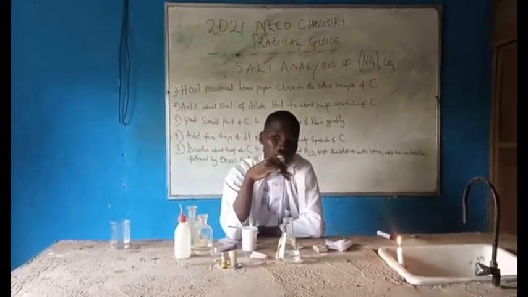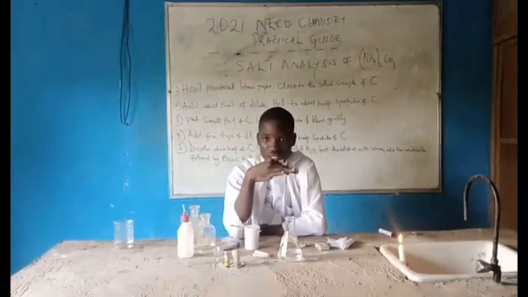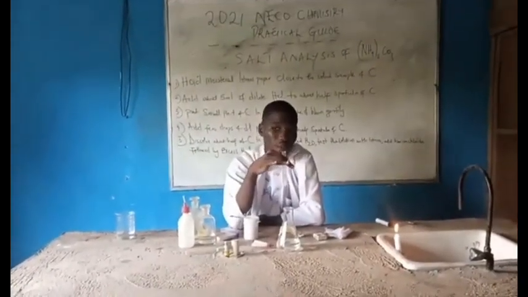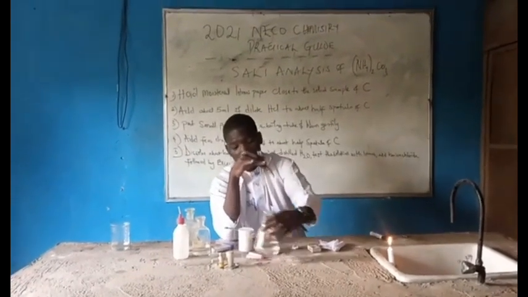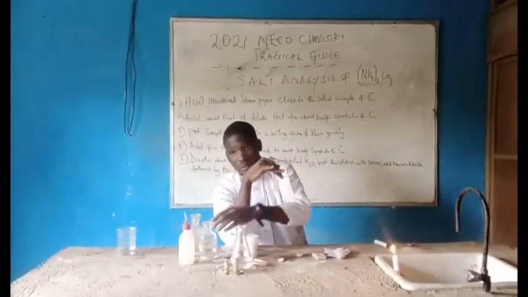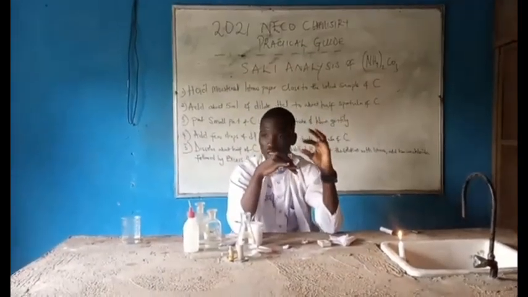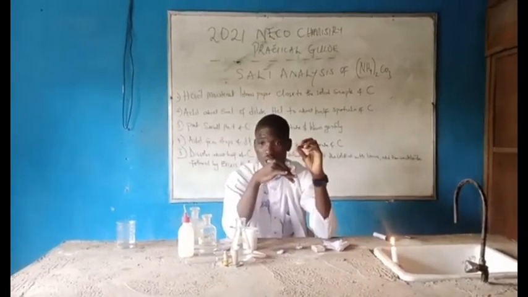And in case I ask you, your examiner will never tell you that you should use this or this, but just note your sample C, when it's been mixed with dilute sodium hydroxide and dilute HCl, which is what we have here, and when you heat it, we are going to have a white precipitate.